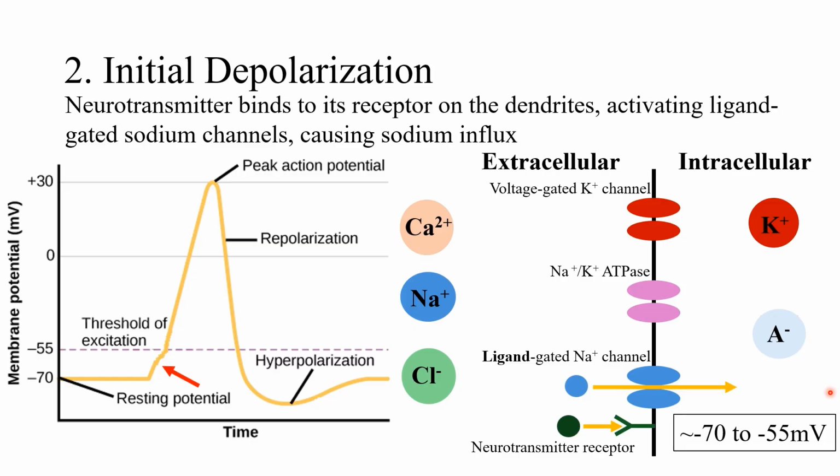So looking here, just like we said, your neurotransmitter binds to the neurotransmitter receptor, which then activates the ligand-gated sodium channel. The ligand here would be the neurotransmitter. And then your sodium starts to come into the cell. And we say this is initial depolarization because you just get a little bit of depolarization. You go from about minus 70 to minus 55 millivolts, and that's what's shown here, right? Just a little bit. We're not getting that huge spike yet.